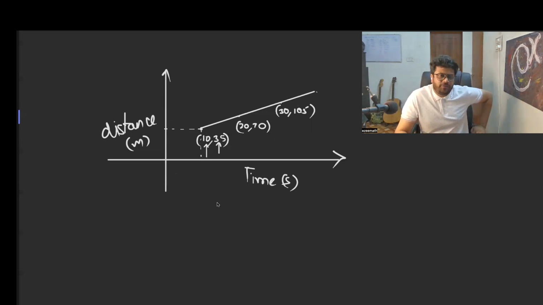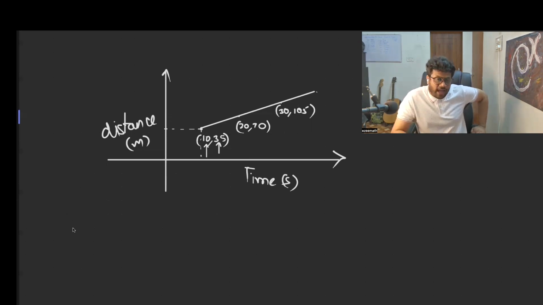Okay. So now the most important thing in this portion of the subject is about the speed of an object, how to interpret the speed of an object by looking at the distance time graphs. Well, for that, there's one very important thing that one has to know.